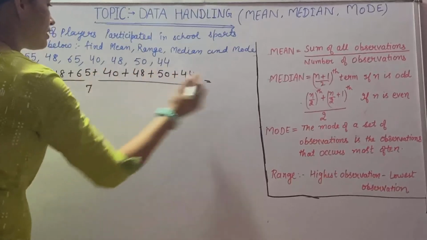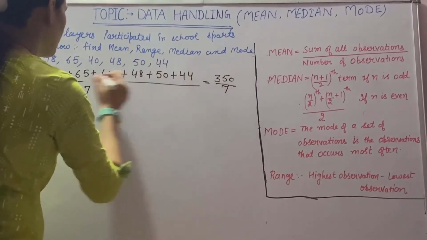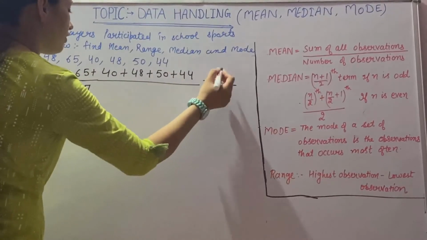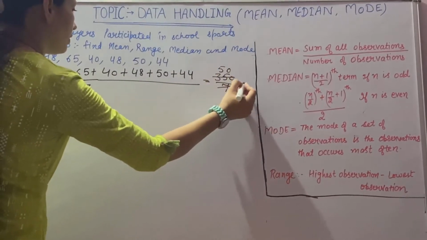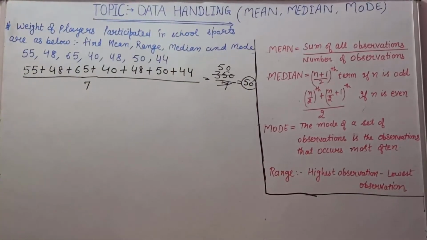When we add these terms, we get 350, divided by 7. 7 ones are 7, 7 fives are 35, 0. We get 50 as the mean.